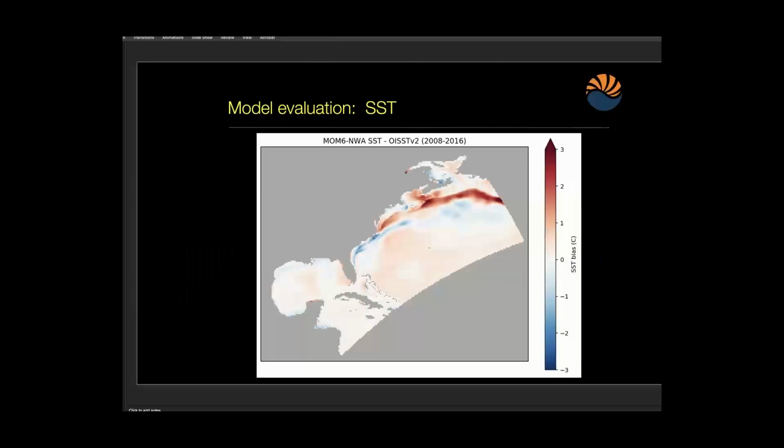We can start then to look at some of the performance of the model, trying to repeat some of the analysis that we have done with ROMS simulations with MOM6, and what you see is that the model generally is doing okay, but there are still some areas. Here you're looking at the difference between the sea surface temperature computed with MOM6 in this regional domain and OISST for a few years, and there are some errors that look very much associated with the path of the Gulf Stream.